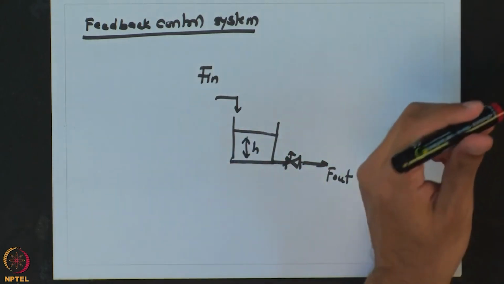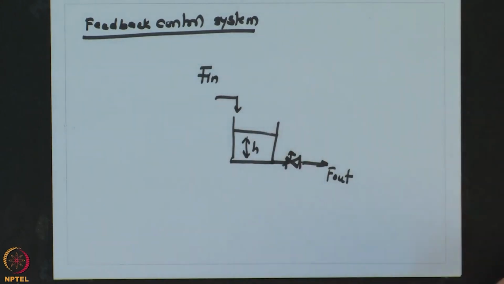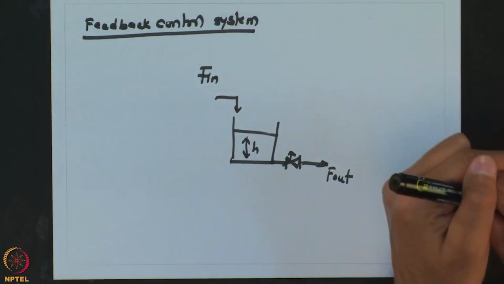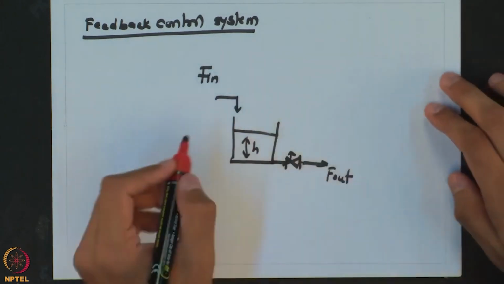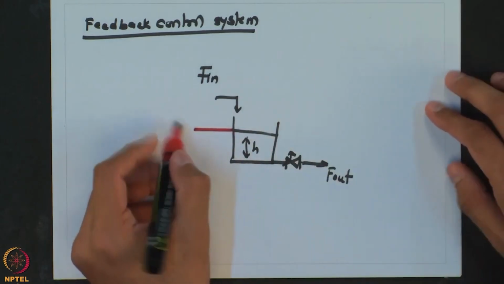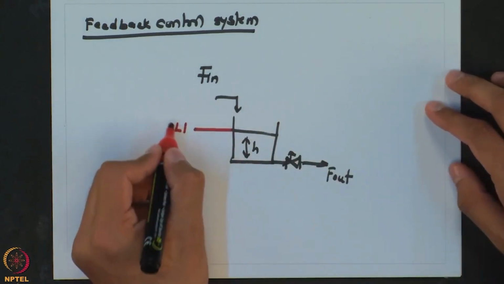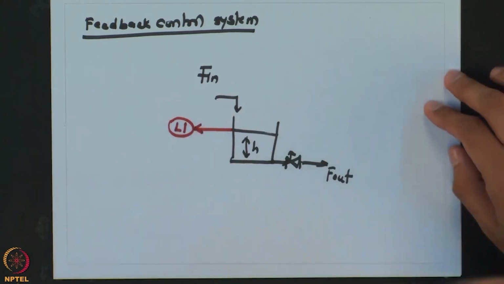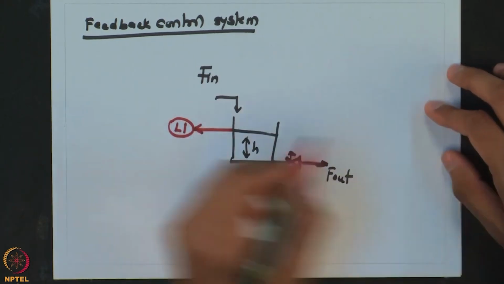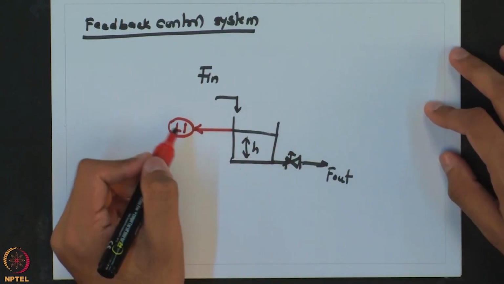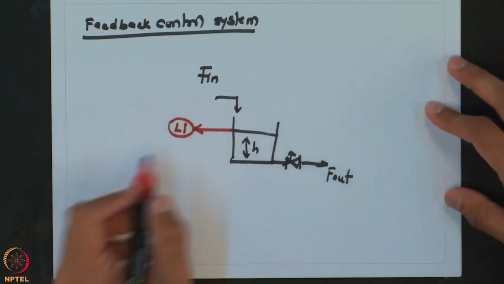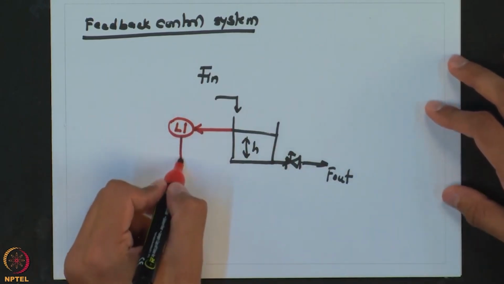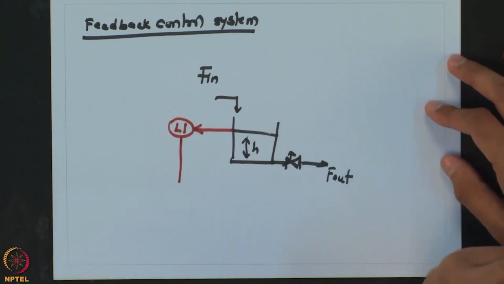When we talk about the feedback control system, the first step is to measure the controlled variable. So the first thing will be to measure the level, we will call it the level indicator. It will take the current value of the level and convert it into some sort of electrical signal which will be able to drive the controller.